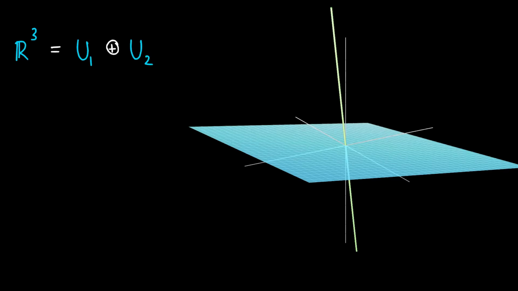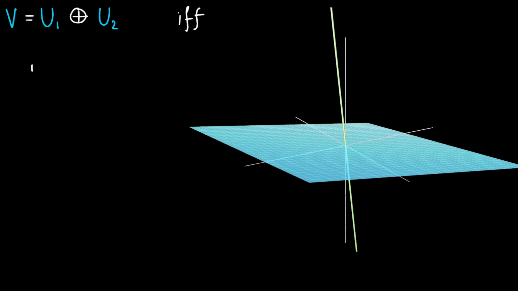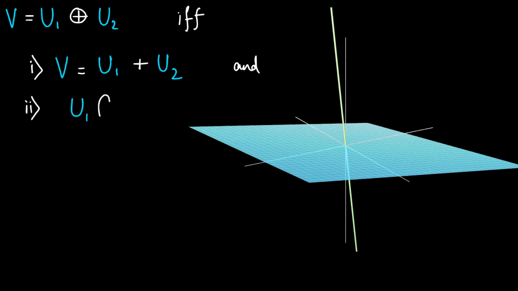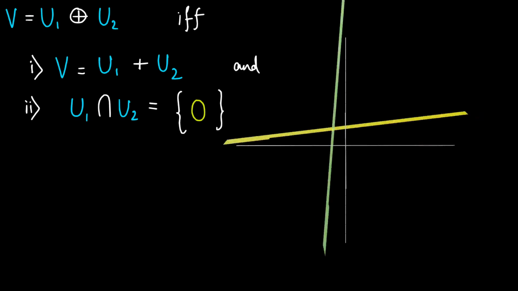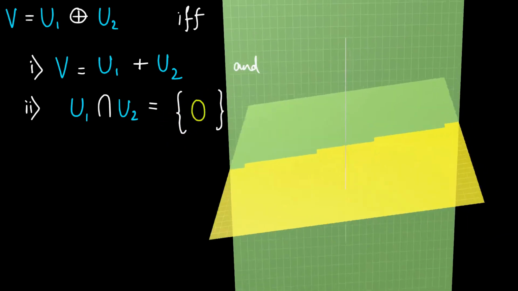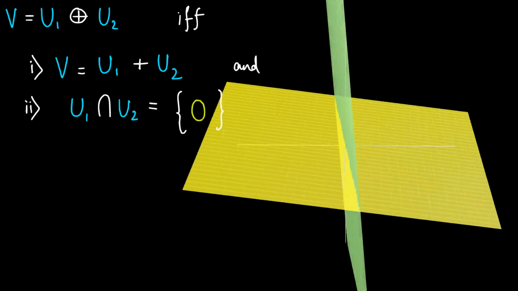In fact, for a pair of subspaces U1 and U2 of V to form a direct sum, we need to check whether U1 plus U2 is equal to V and that the intersection of these two is the additive identity alone. So R3 is the direct sum of these two and not the direct sum of these two, since the intersection in this case is a line.